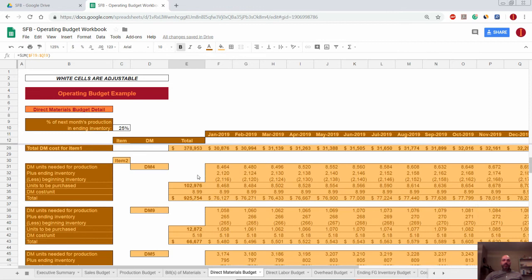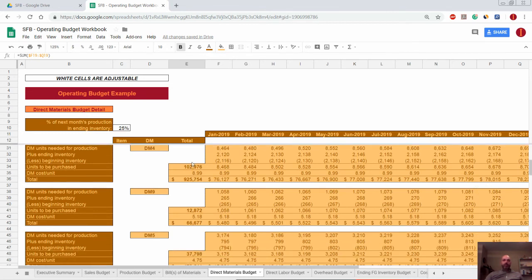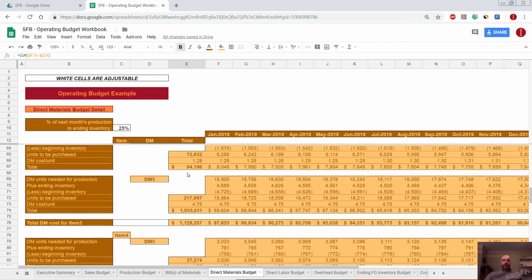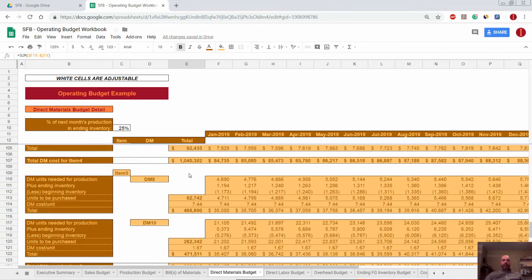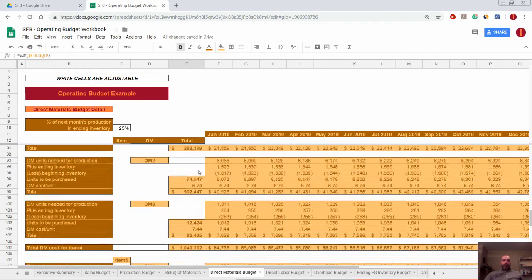Okay, this is kind of the most involved part. As you can see, there's a lot to take into consideration here. But like I said, you can see the direct materials are used across a couple different items. So, one other point I forgot to make.